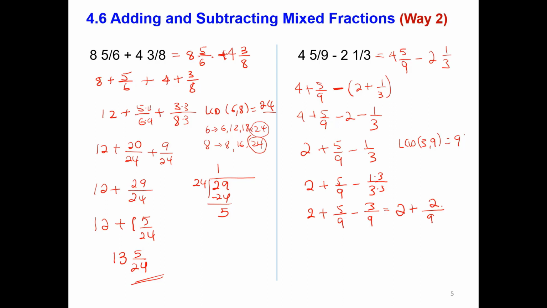Yes. Because the fractional part is a proper fraction, we just use the definition of the mixed fraction, and then we can write this one like 2 and 2 over 9. And this is the answer.